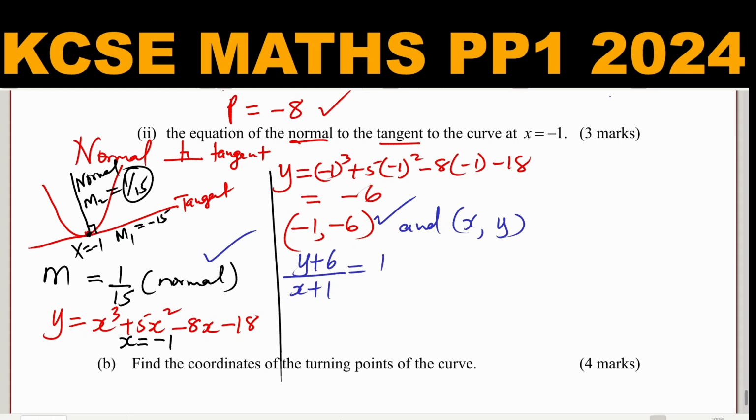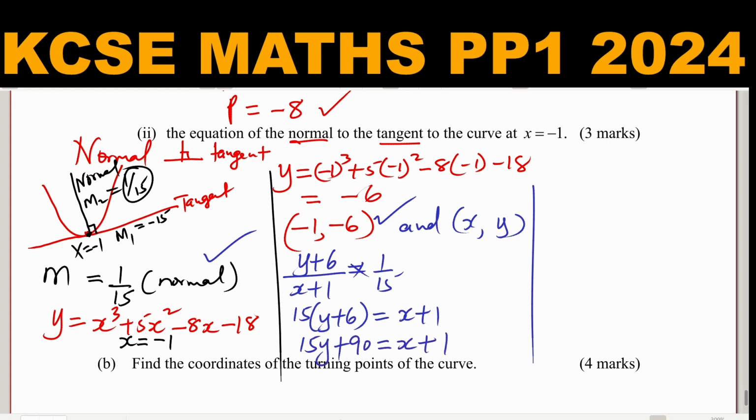is equal to 1/15. So cross multiply these, so you have 15 times y plus 6 is equal to x plus 1, and this will give 15y plus 90 is equal to x plus 1.